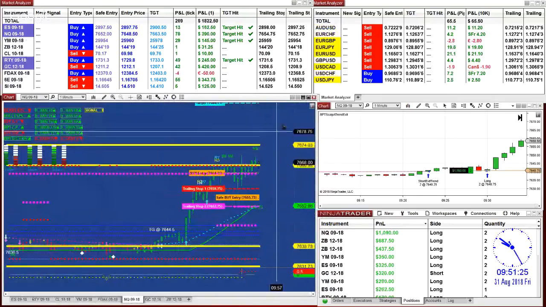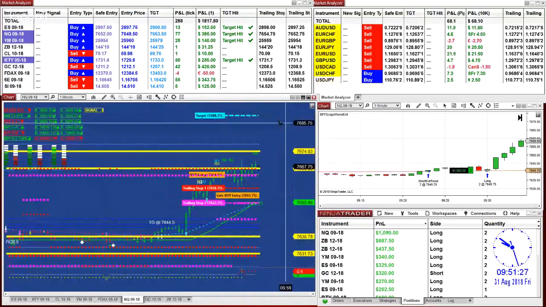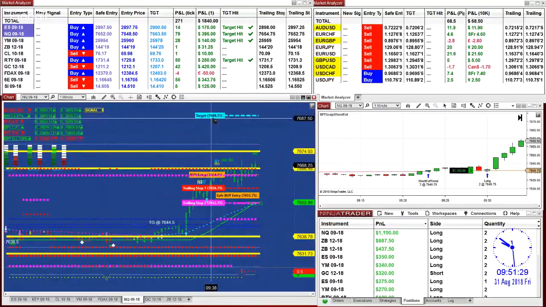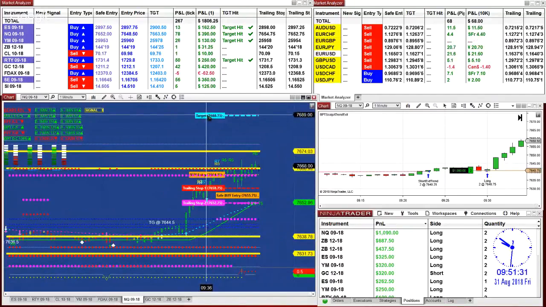The Nasdaq already hit the target earlier today, and this is the new target. One of the things is the difference between the market analyzer and the chart. The chart is always updating the targets, the entry point and the re-entry point.